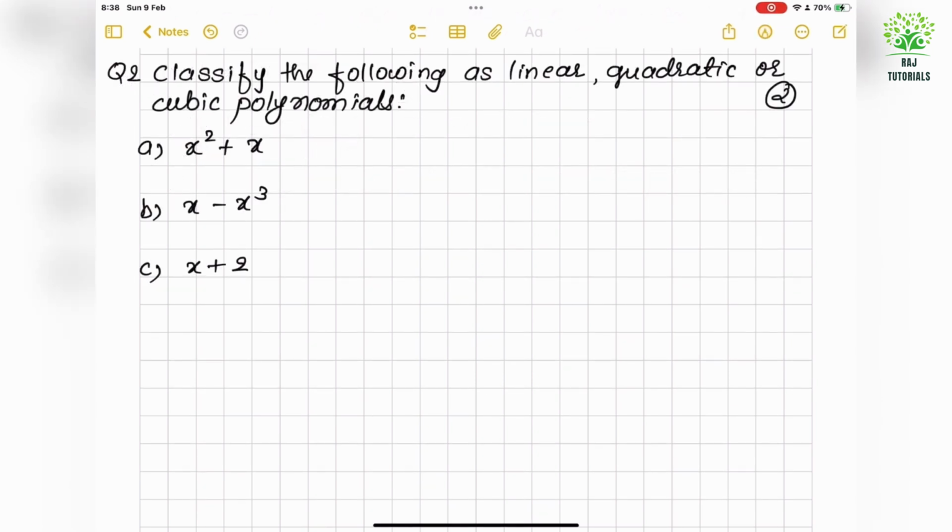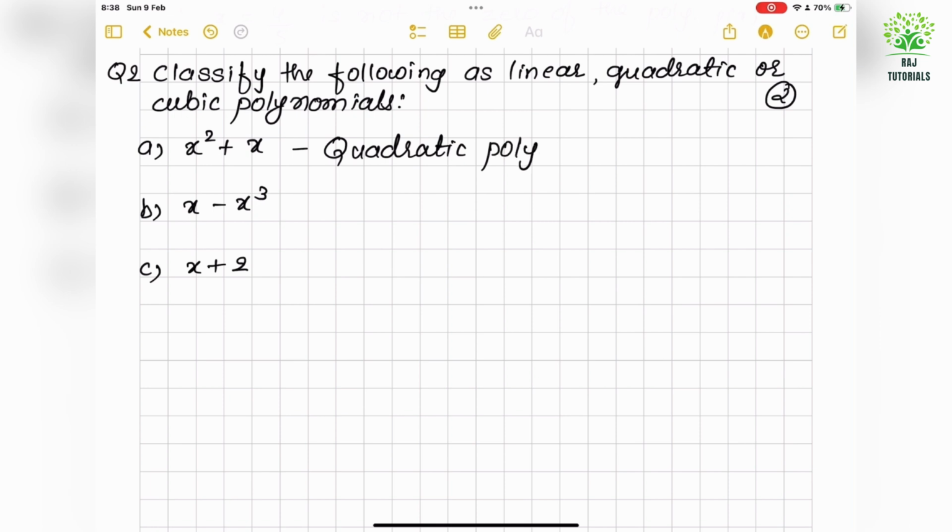Now question 2 says classify the following as linear, quadratic or cubic polynomial. To classify we have to just see the highest power of the polynomial given to us. If we take the first one, x square plus x, the highest power is 2, or degree of the polynomial is 2. So that will be a quadratic polynomial.